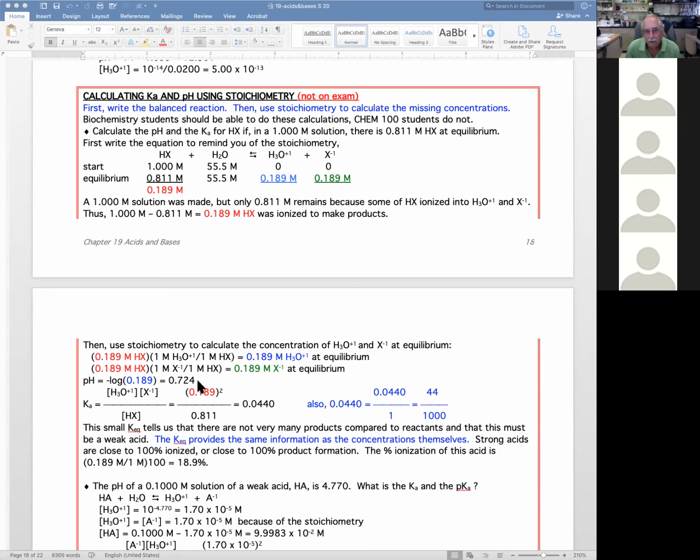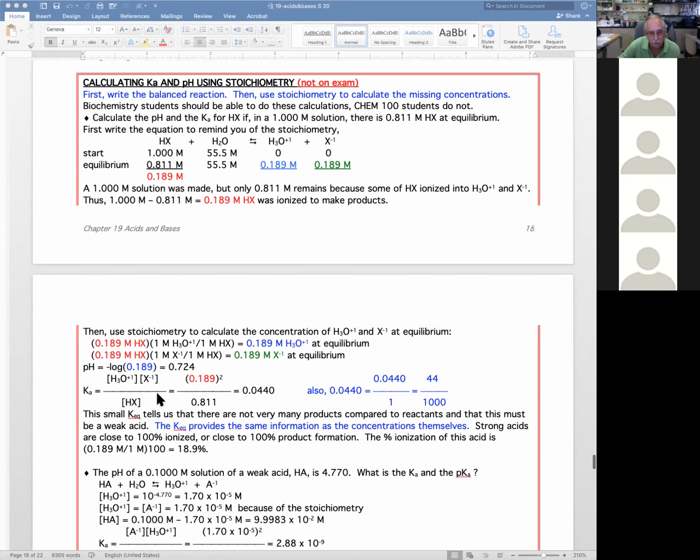What do I need to get the equilibrium constant for this? Oh, okay. The equilibrium constant would be products over reactants. And each of the products is 0.189, right? That's why that's squared right there. And at equilibrium, the amount of the acid left over is 0.811.